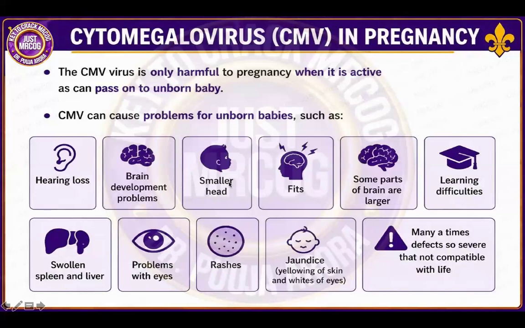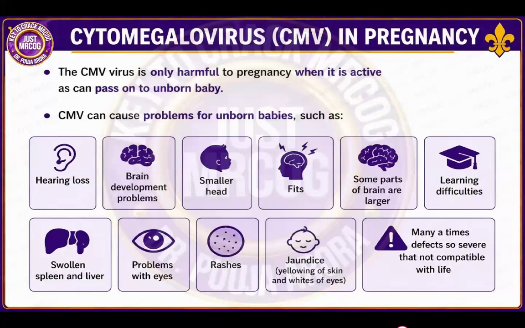She may ask, I am also concerned about it. Is it going to affect my pregnancy? It is not going to affect the patient per se. She might be having some symptoms, but for the baby, it can be very dangerous. So you will say that baby might be born with hearing loss, smaller head, brain development problem. Some part of the brain may be larger, maybe learning difficulties, swollen spleen, liver, or some organs inside.